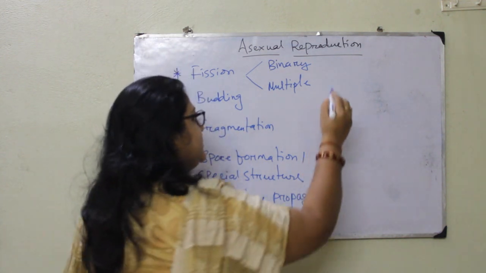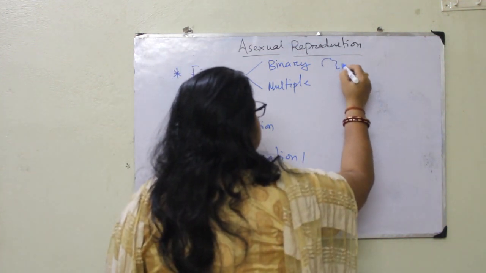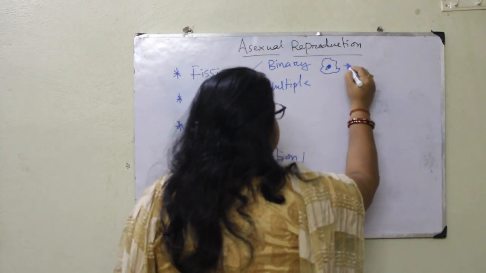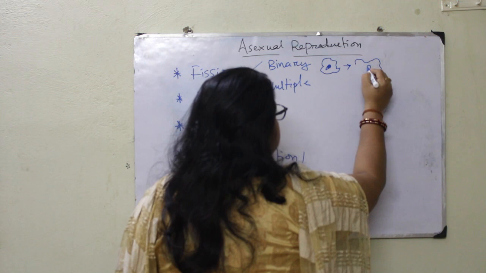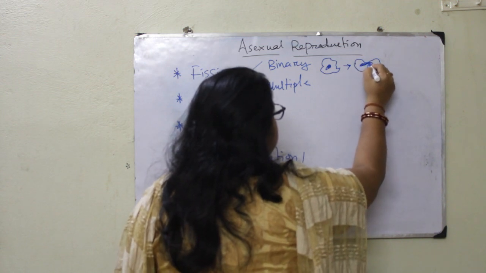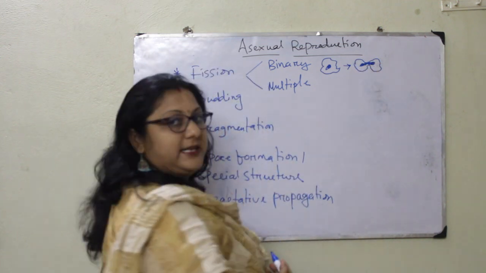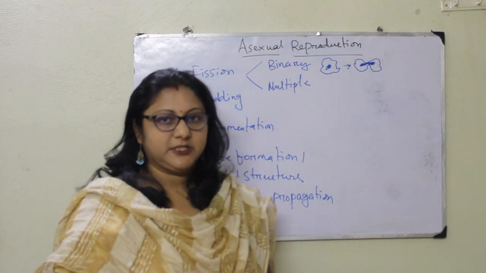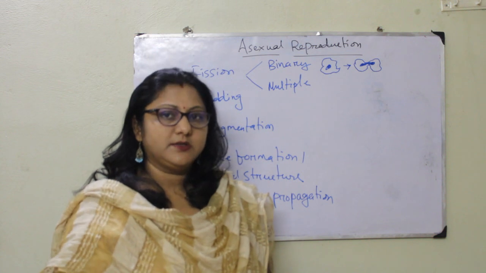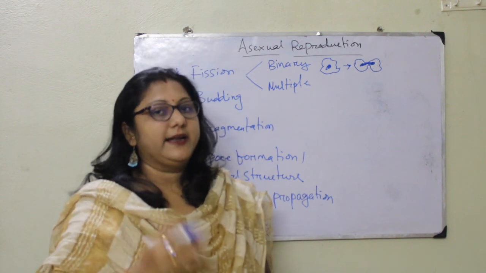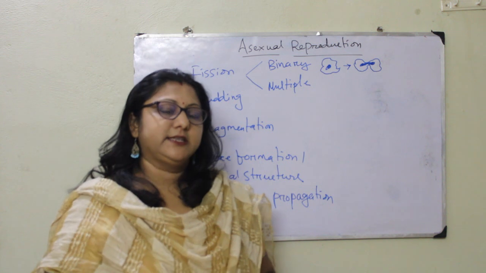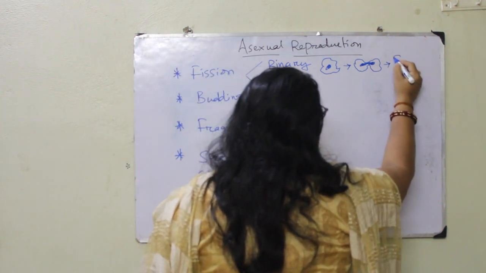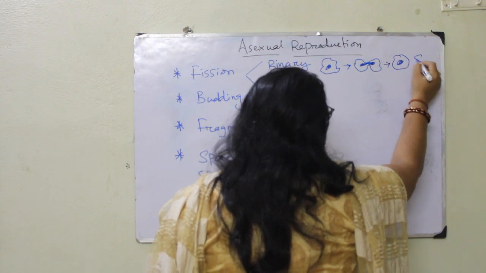Binary fission, what happens? The amoeba, one particular cell, divides into 2 cells, and 2 daughter cells are produced from the parental cell. Clear? So one cell undergoes cell division, and after the cell division is completed, it is converted into 2 daughter individuals.